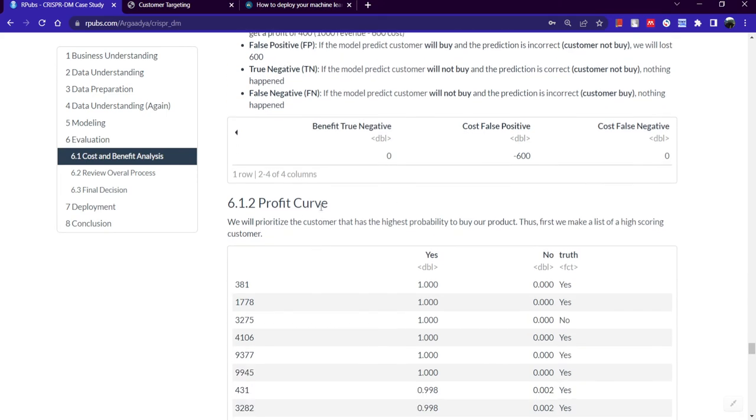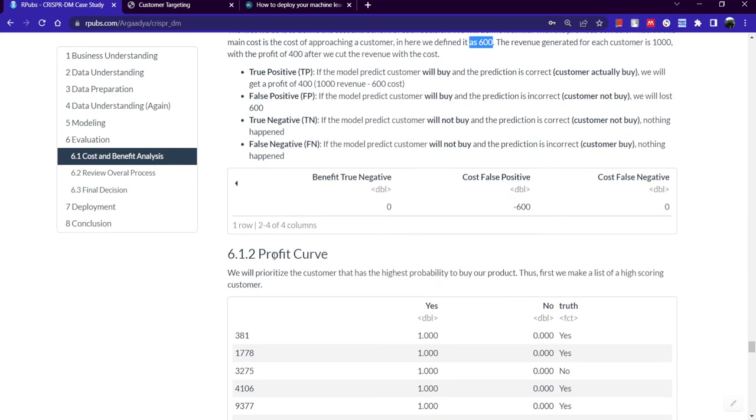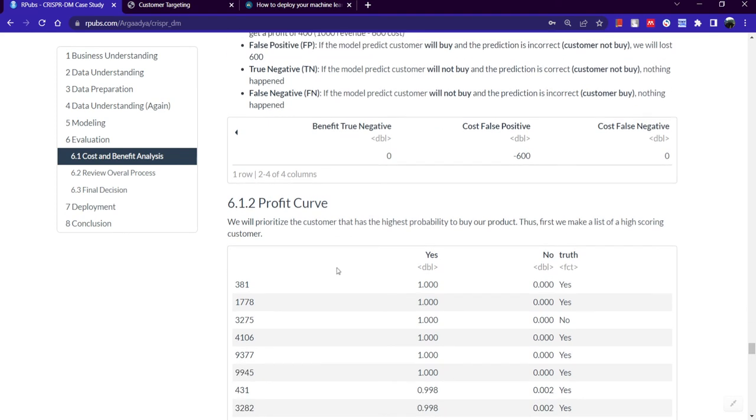Okay, so in terms of that, then let's continue and see. Now it comes to prioritizing the customer that has the highest probability to buy a product. That means we're going to generate the probability, not only an indication of whether the user is going to purchase or not, but how confident we are in that decision.